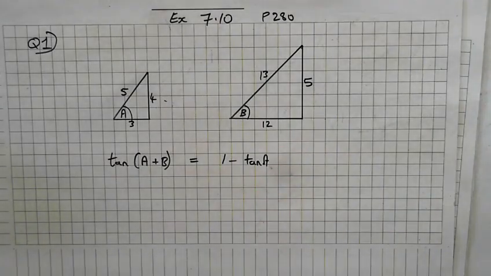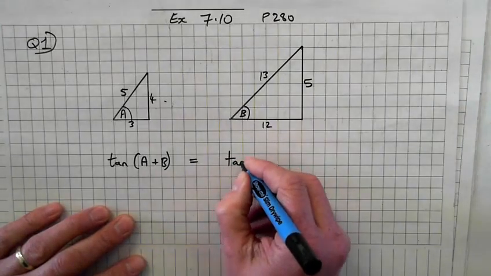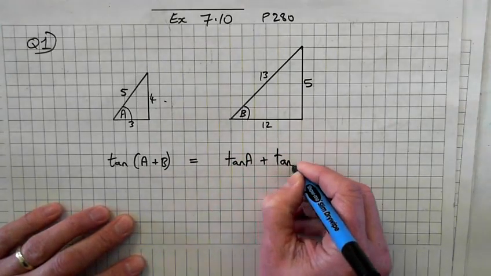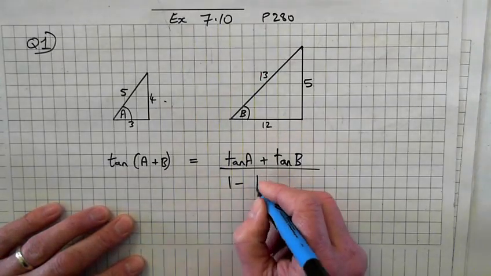So theta is tan A over 1 minus tan A, tan B. So I'll just get the formula myself. It's on the previous page. Sorry, tan A plus tan B over 1 minus tan A times tan B.